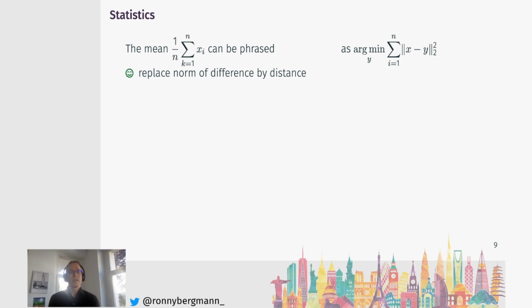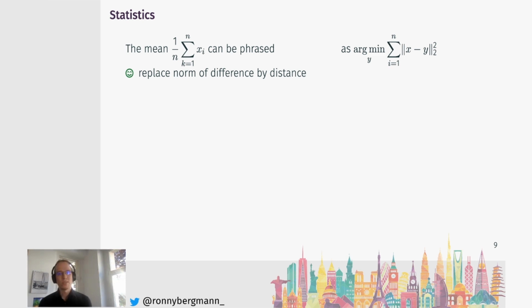Let's get into an application. So for statistics, one important thing to compute is the mean. As I already said, we cannot just add points on a manifold. So this one cannot be done directly on a manifold, but we can rephrase it because this 1 over n and the sum of points is the minimizer of the distance squared between the points x_i and some y.